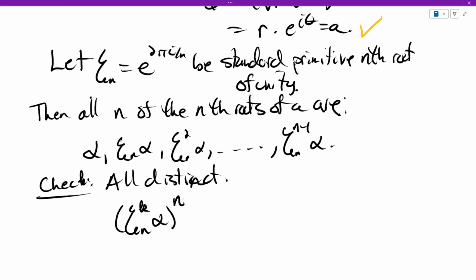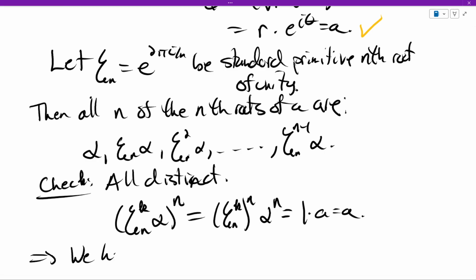Keep in mind, alpha to the nth power is a. So it's going to be zeta sub n to the k to the n, and then alpha to the n. But zeta sub n to the k is an nth root of 1. It doesn't matter if it's primitive or not. It's an nth root of 1, so we get 1. And alpha to the n is a, so we get a. So we have n distinct complex numbers that all, when we raise them to the nth power, give a. So this is all n of them. We have all of them.